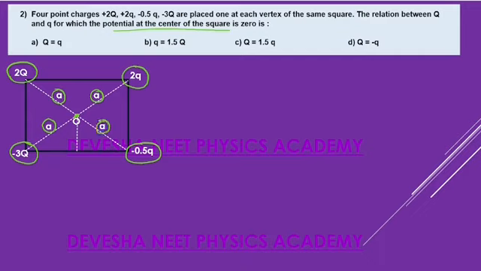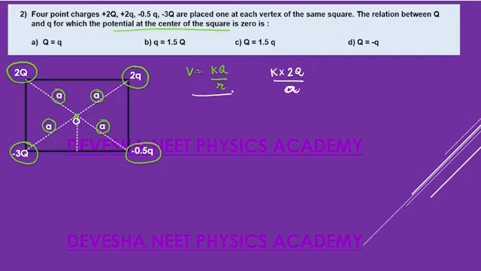Because of the plus 2q, what will be the potential? We know the formula is k q by r. So because of this 2q, it will be k into 2q by a.